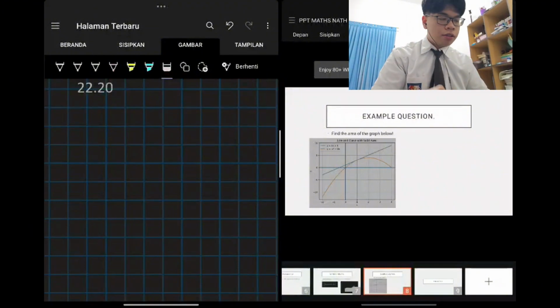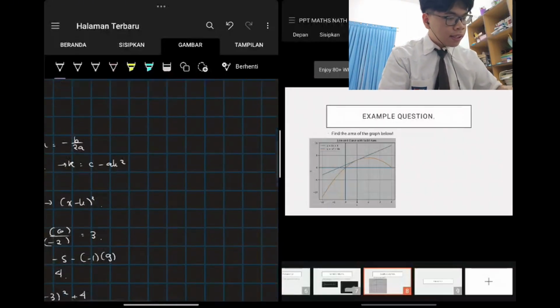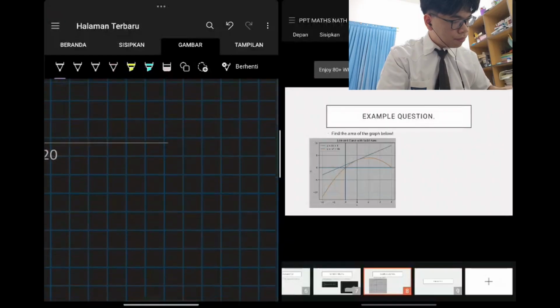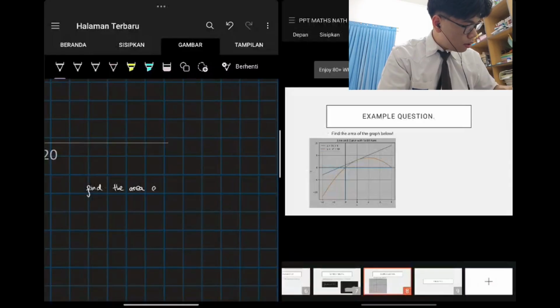So now I'm going to do the question for the definite integral. So the question is like this. Find the area of the graph.